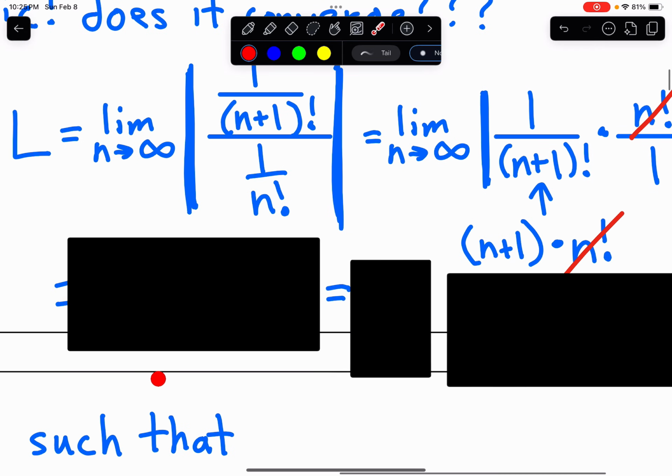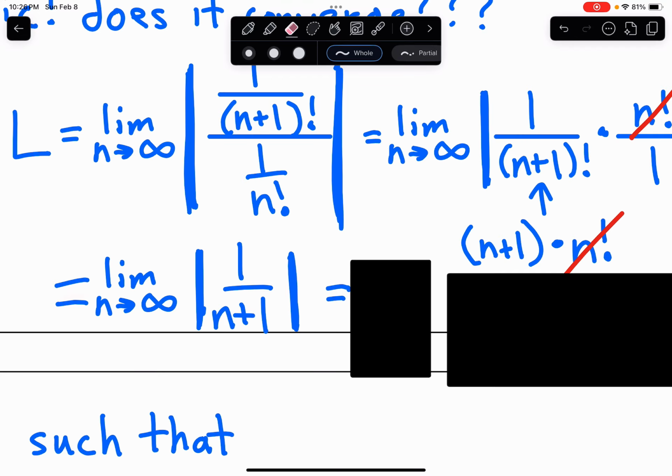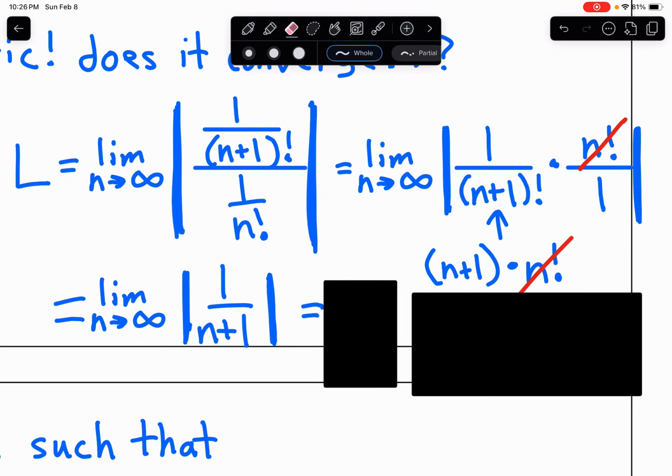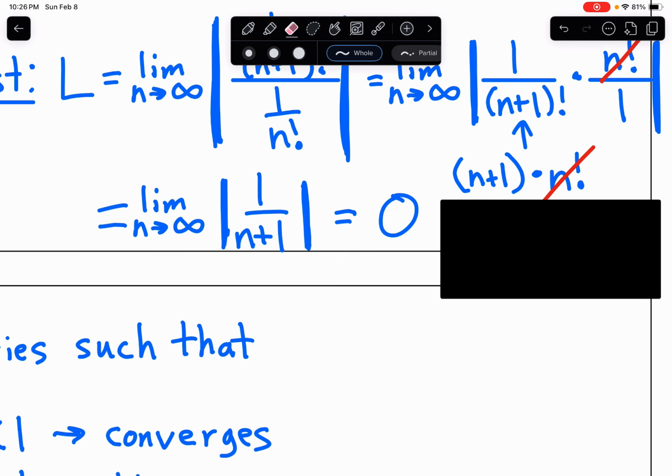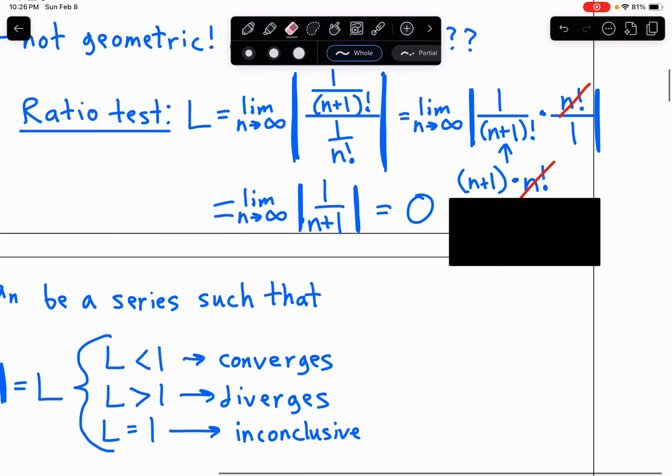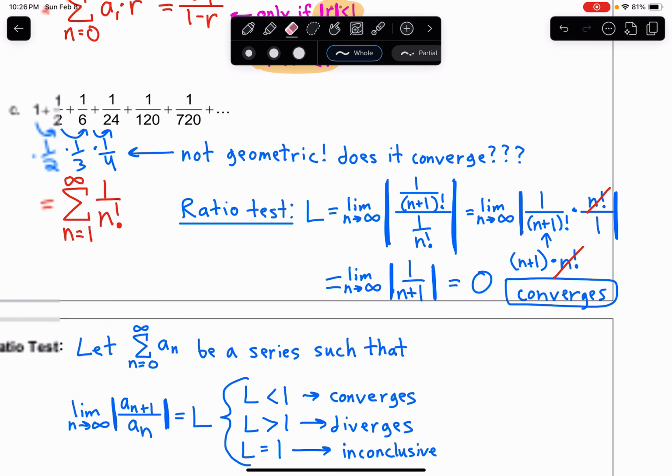What that means is we would be left with the limit as n approaches infinity of 1 over n plus 1. Now, as n goes to infinity, that denominator is getting larger and larger, and so we would get 0 as our L value. So remember, L equals 0, and when L is less than 1, this converges. And so our series does converge.